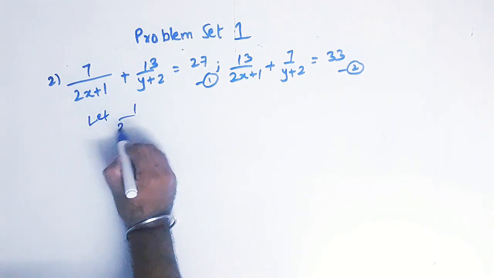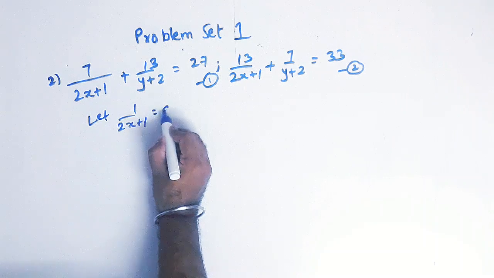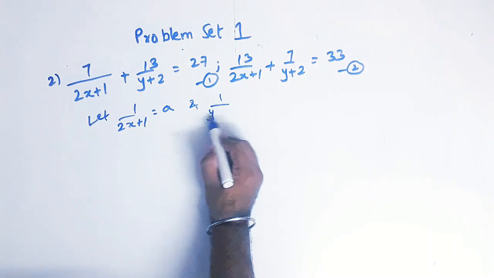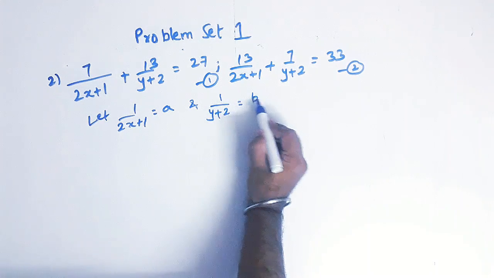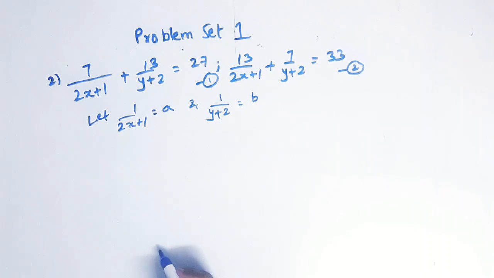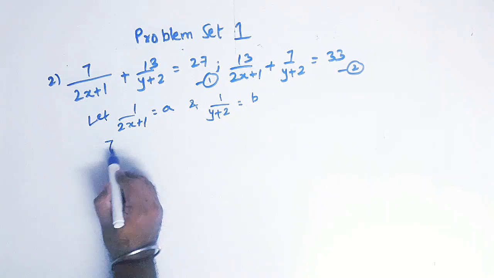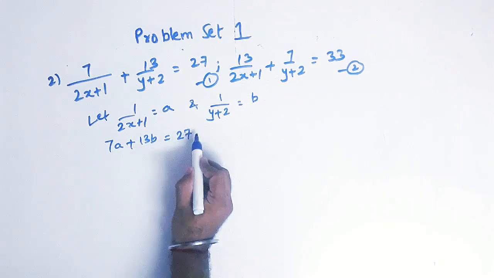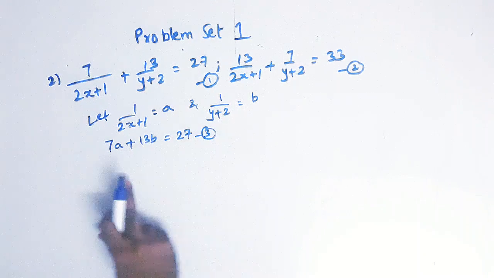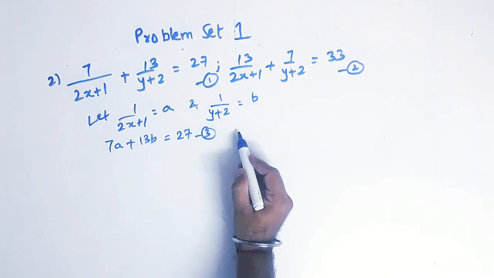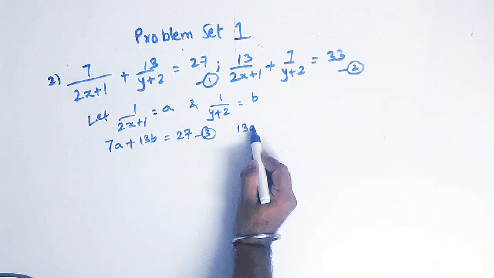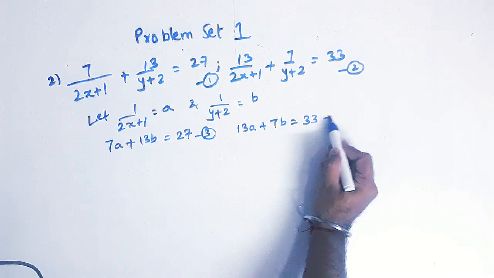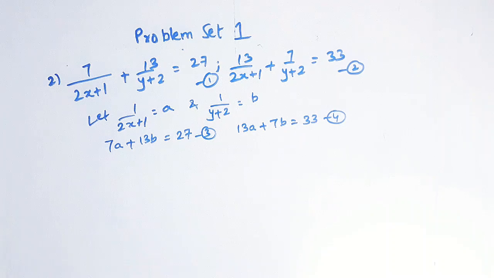Let 1 upon 2x plus 1 equal a and 1 upon y plus 2 equal b. So this becomes 7a plus 13b equals 27, the new equation, third one, and this will become 13a plus 7b equals 33, the new equation, fourth one.